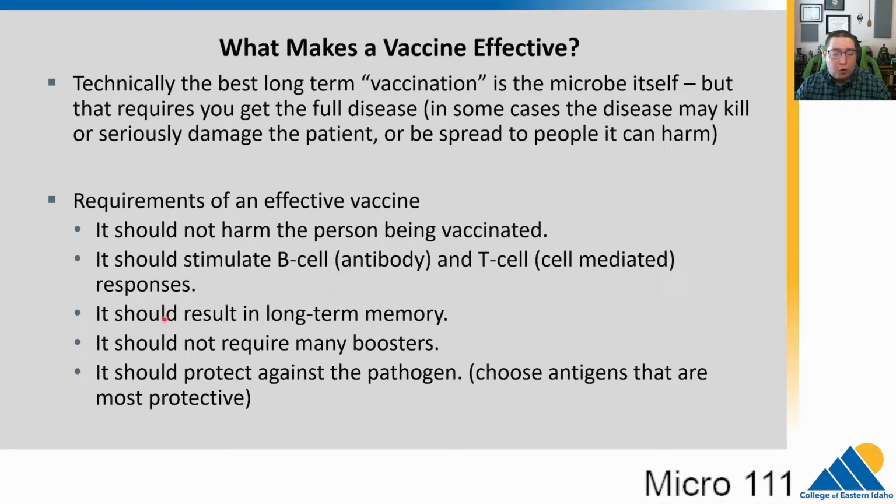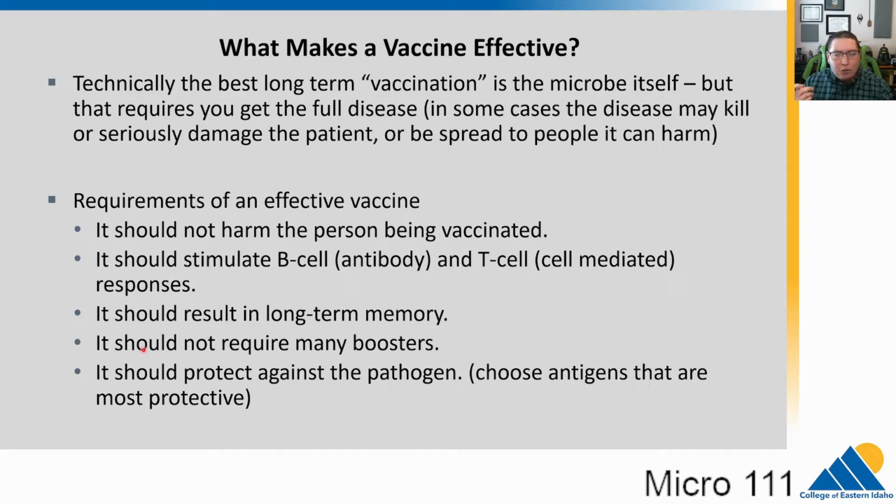We also want it to result in long-term memory. A lot of the research into vaccines, where they're trying different antigens, is focused on this, right? Both stimulating the immune system and getting that memory, because we want it to last for a long period of time. It shouldn't require too many boosters.